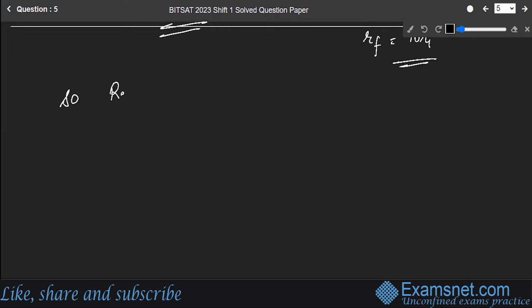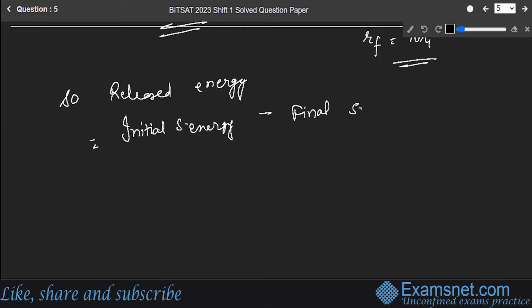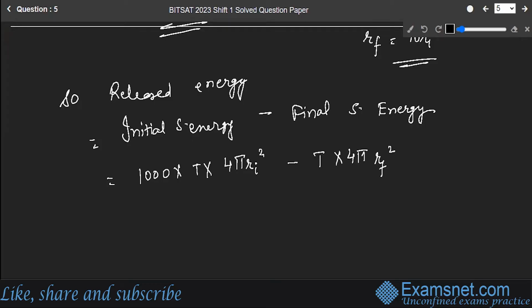So the released energy, of course it's released, will be the initial surface energy minus the final surface energy. The initial surface energy is 1,000 into surface tension into 4 pi initial radius square, minus T into 4 pi final radius square.